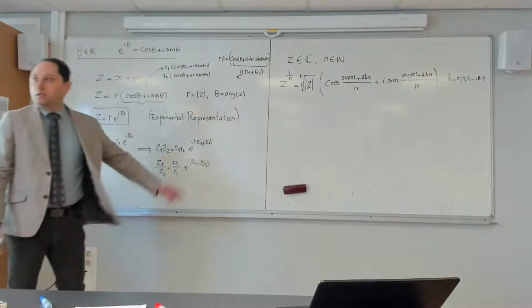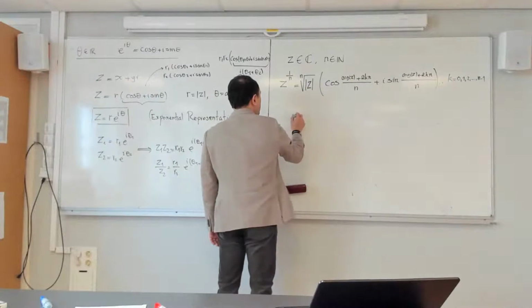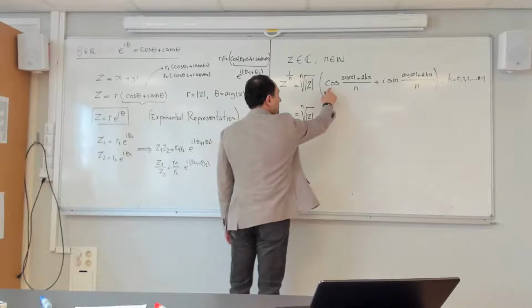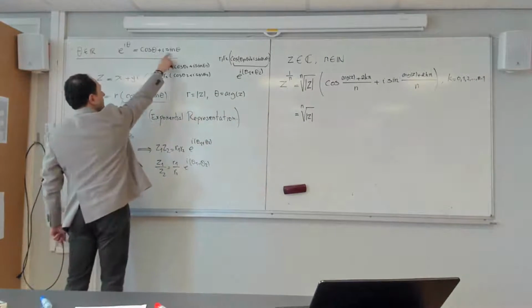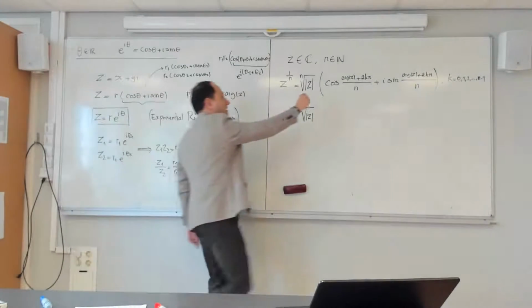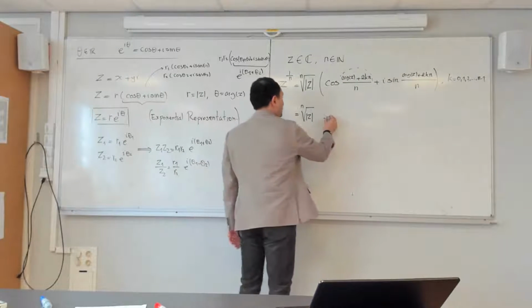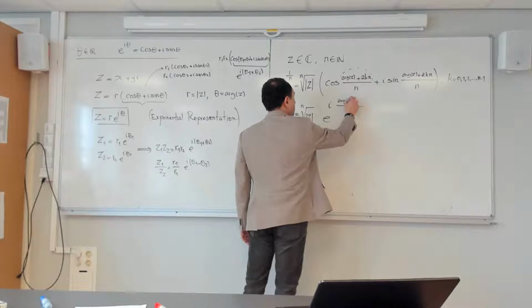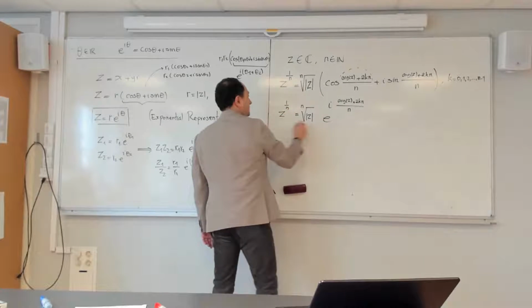Yes? But now let us write this in this representation. So what can I write here? This becomes the nth root of z. But this is exactly the combination that you see here, but theta has been replaced by this combination. So this becomes e to the power of i times the argument of z plus 2k pi divided by n. So z to the power 1 over n can be written in this form.